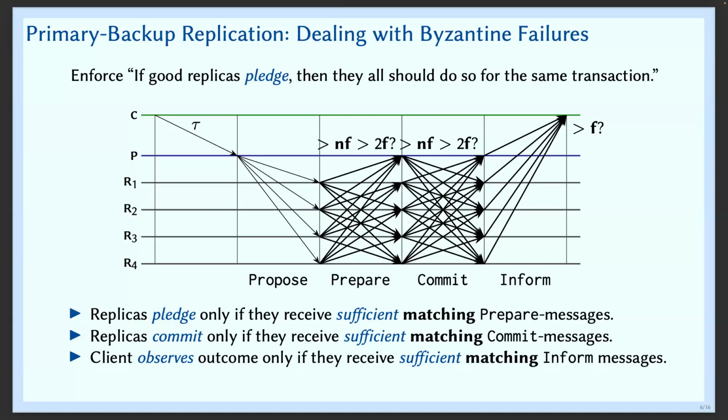So we only need more than F. The only thing we can guarantee, similar to the previous diagram, is that if there's more than F, up to F of them could be faulty, so one of them is honest. And if one of them is honest, what does it mean? If one of those inform votes is honest, what does it imply?